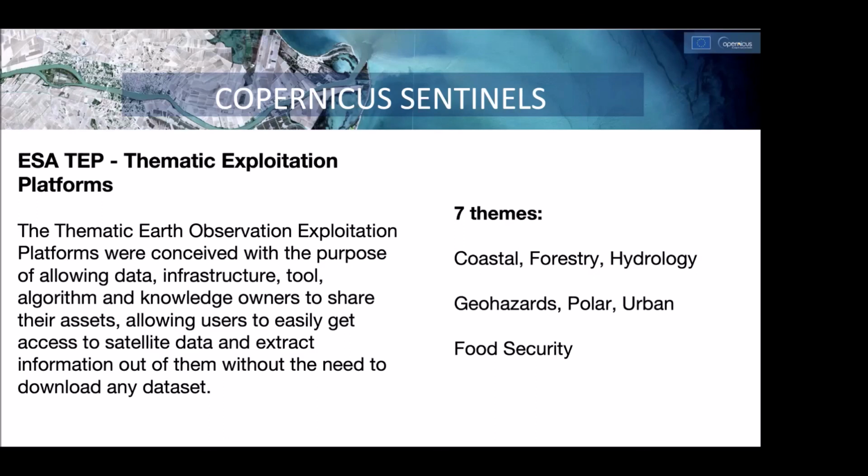There is a polar one. Unfortunately, I wasn't able to get my registration in on time. These are very specialized communities that have decided, based on the themes, what information can be extracted that's relevant to them. So I suggest taking a good look at those as well, and see what types of data you can take advantage of.